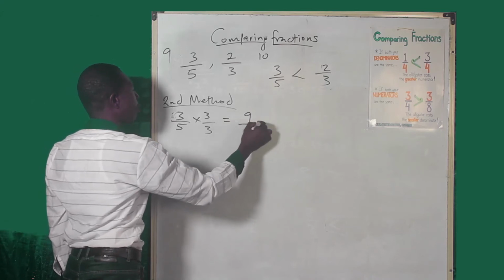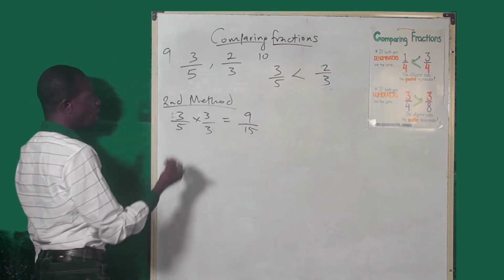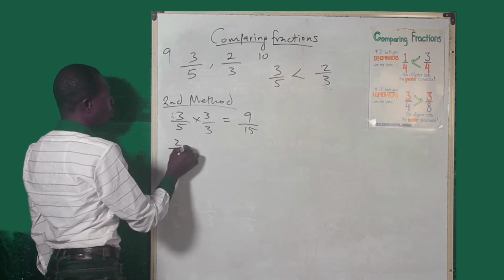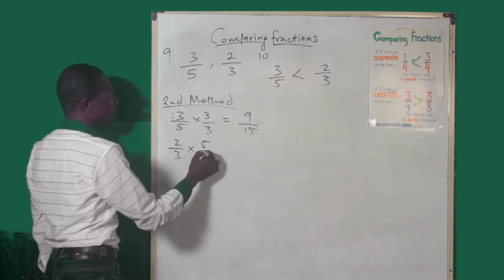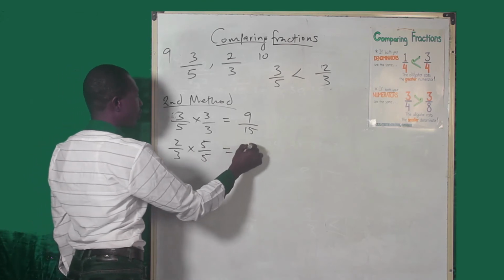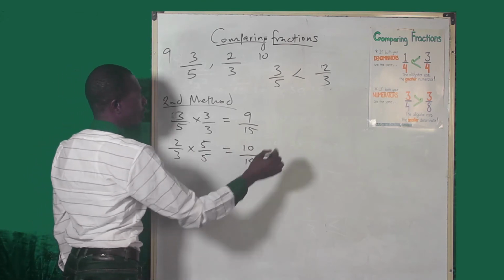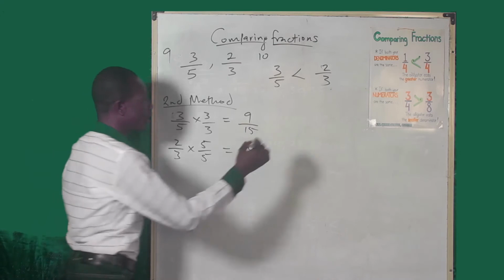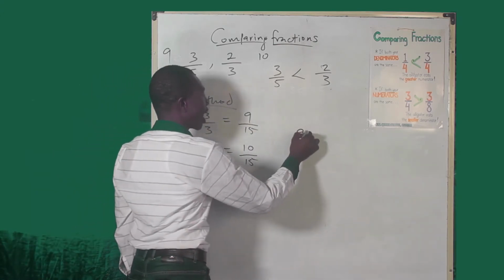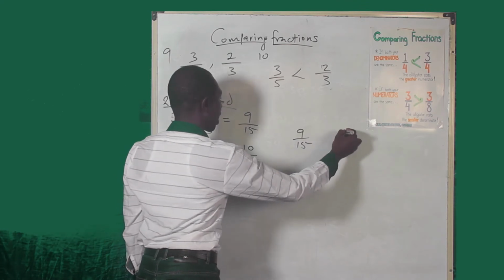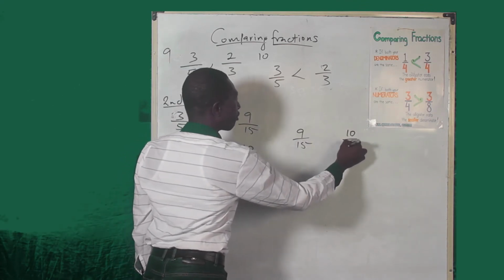So, 9 over 15. So, second one, 2 over 3 multiplied by what to give me a 15? You are right, 5 over 5. So, now you're going to have 10 over 15. So, the two are having the same denominator now. 9 over 15 compared to 10 over 15.